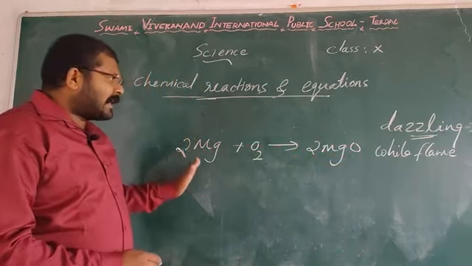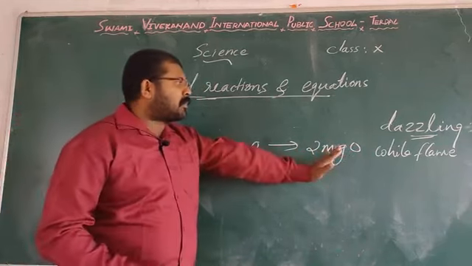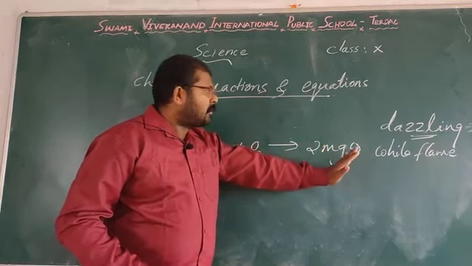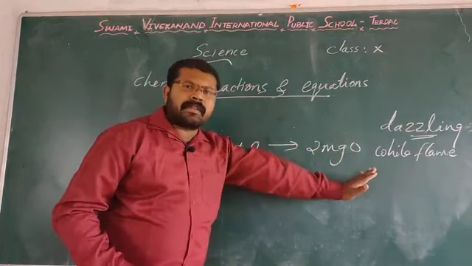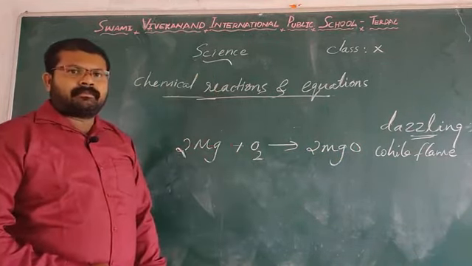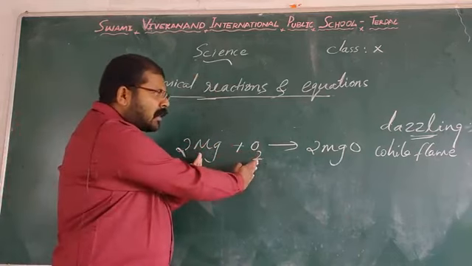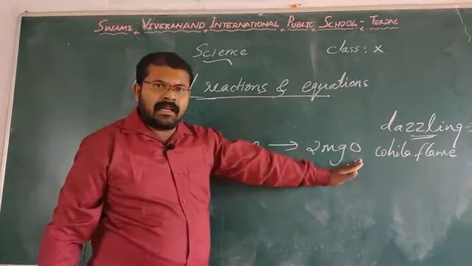During this reaction you can see that magnesium is converted into some other substance, that is magnesium oxide. Magnesium oxide is formed during this chemical reaction. So there is a transformation of chemicals from one form to another.